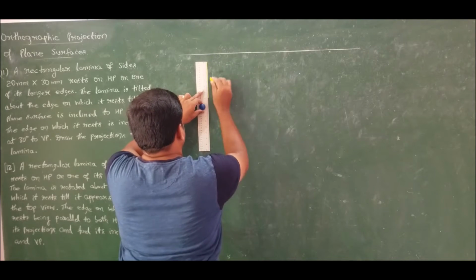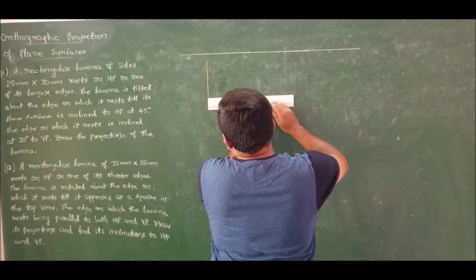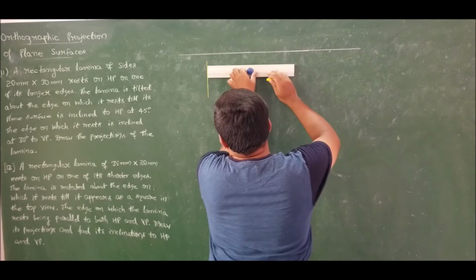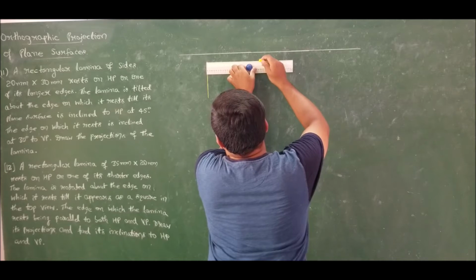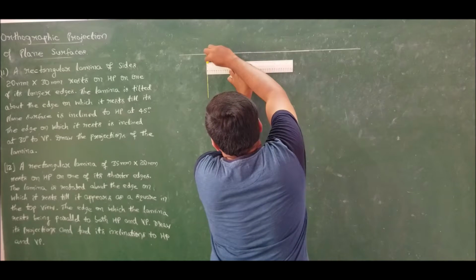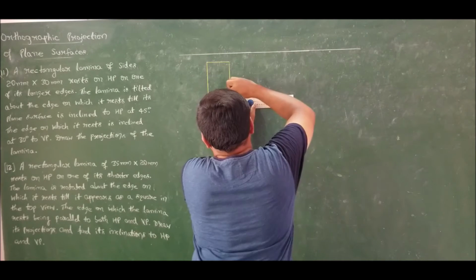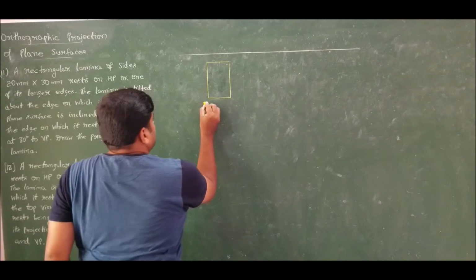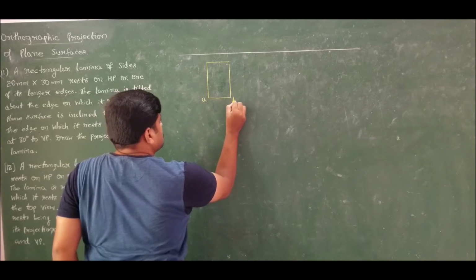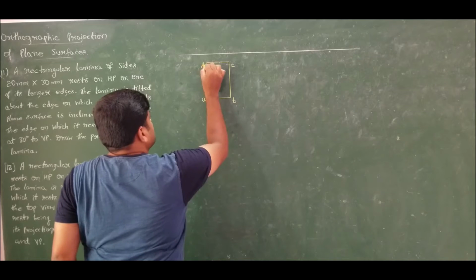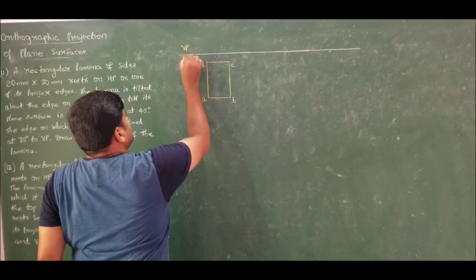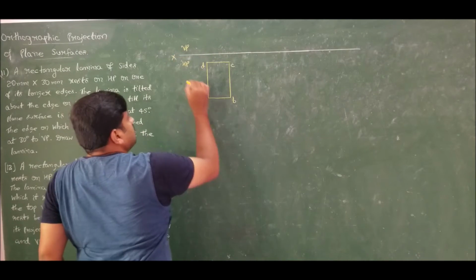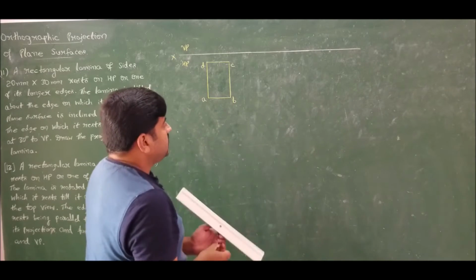So draw it in such a way that you will get 30 mm towards your right side and left side. It will become 30 cross 20. Done. Now I will call this A, B, C and D. This is the vertical plane and this is the horizontal plane. We have X and Y. Now take the projection.